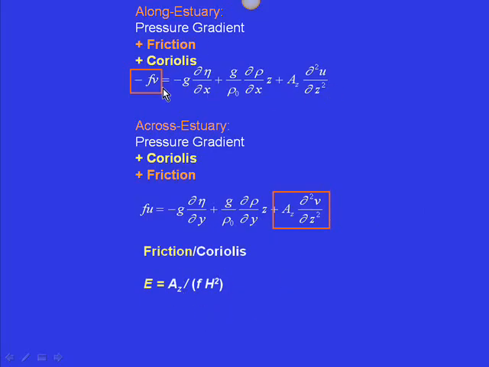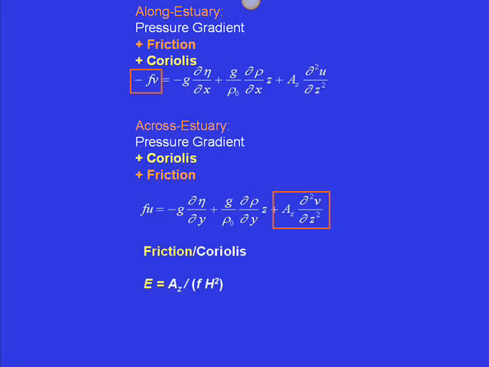And you have one set of two differential equations. They look like partial differential equations, but you can make them ordinary differential equations if you assume that the gradients associated with the pressure gradient, that is the slope and the horizontal density gradient, are independent of depth.